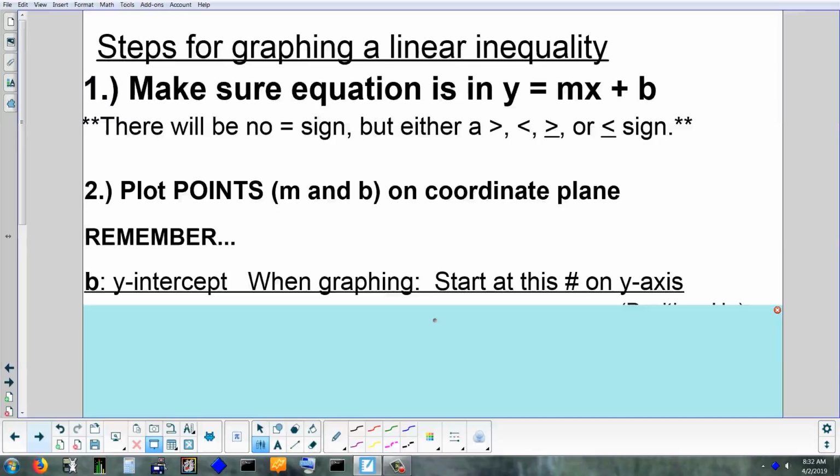So B is your y-intercept. It's the number with no variable attached. It's just a number. It's the last number in the problem. When you graph it, remember that you want to start at that number on the y-axis, which is the vertical line.